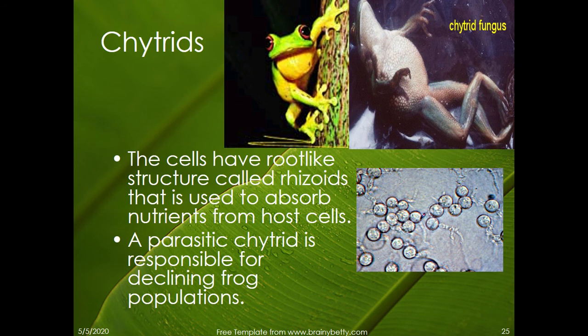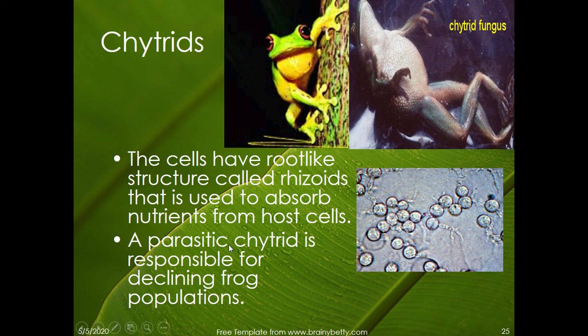An example of an organism under the phylum Chytridiomycota is the chytrid. Chytrids have cells called rhizoids, which can absorb nutrients from the host cell.